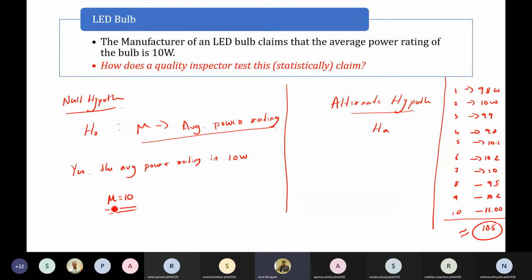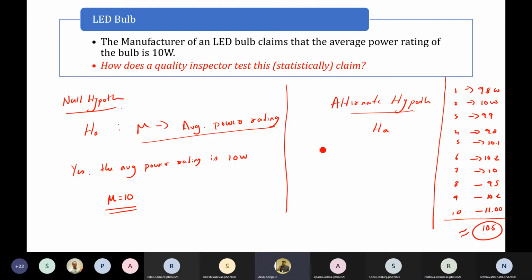So it is not as per the null hypothesis, as per the claim of the manufacturer, meaning it is not 10 watts. Then what should the alternate hypothesis be? There are three possibilities I can write over here.